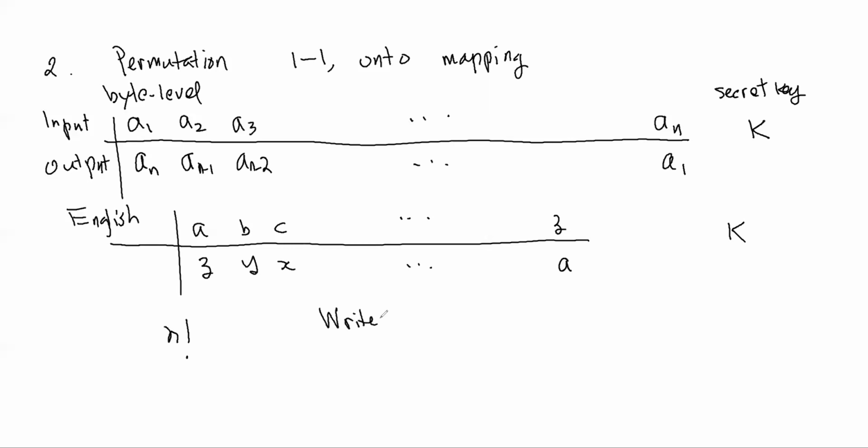So we write this 1D table into a 2D, two-dimensional table. This will be called a matrix.